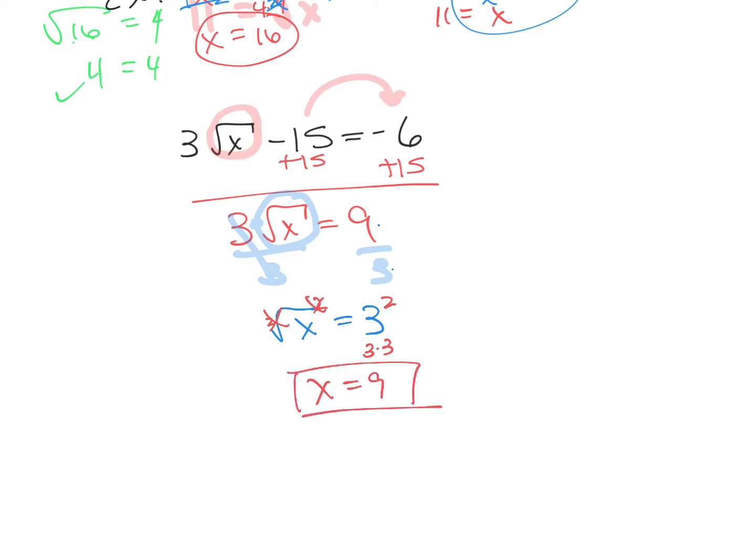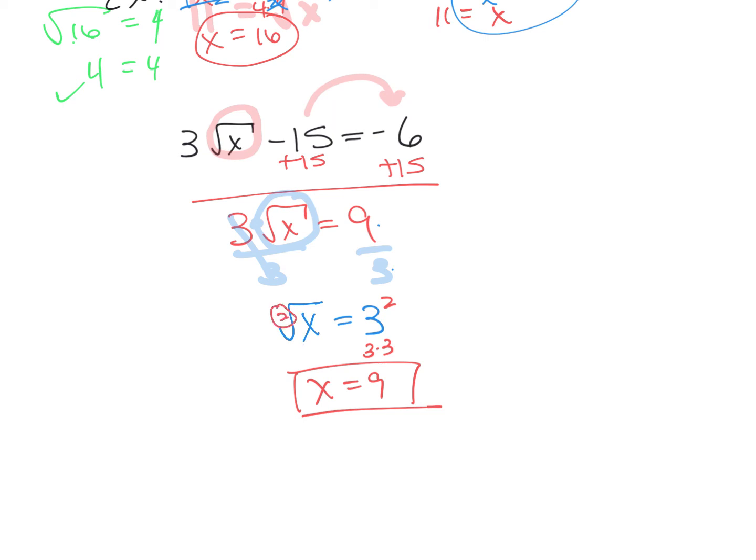So the key here is to isolate that radical, right? I'm going to erase that for a minute so you can see this. So this is that square root. Let's try that again. So we have our square root of x, right? There is a little 2 here.